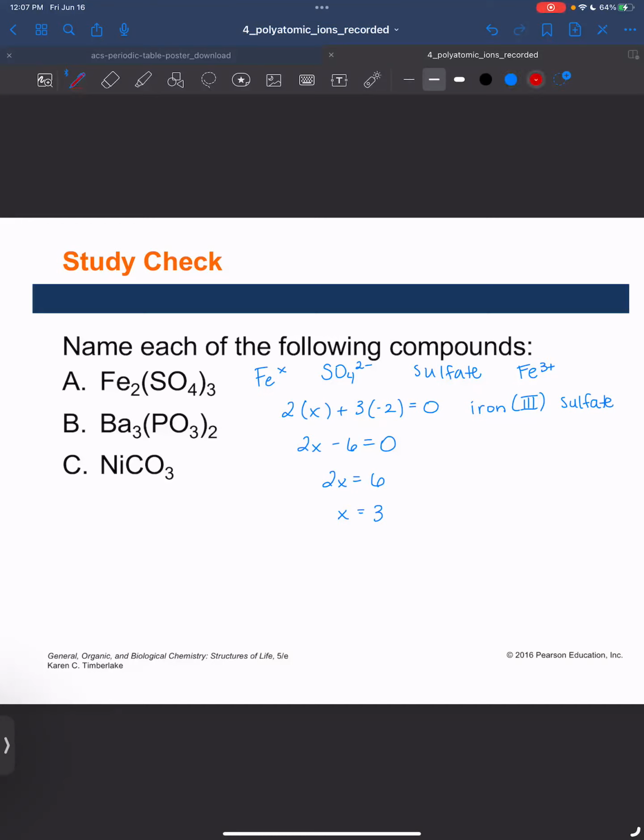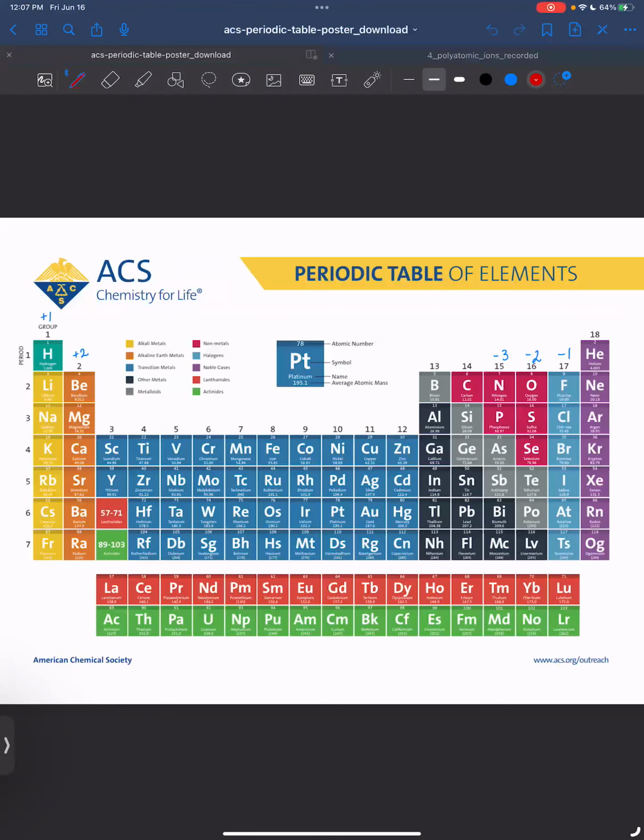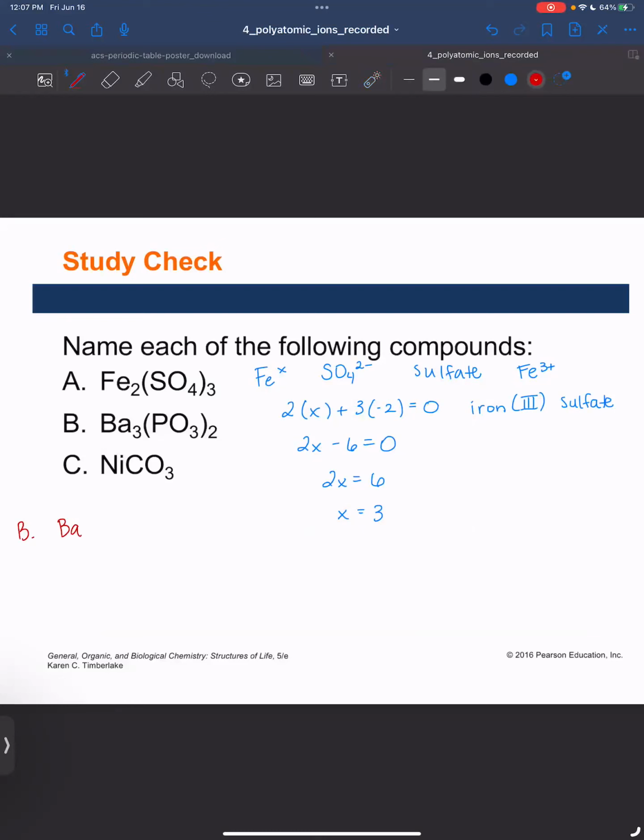Let's do B here. We have the barium, so that's Ba, and barium is located on the periodic table in group 2, so it has a +2 charge for its cation. And then we've seen PO3, that was that phosphite from the earlier example.